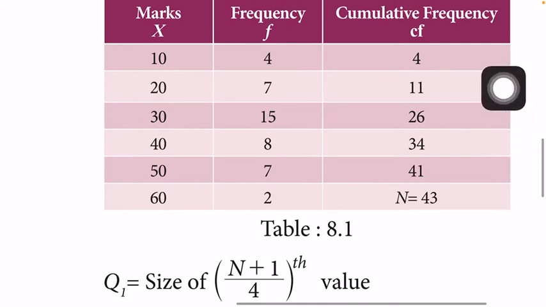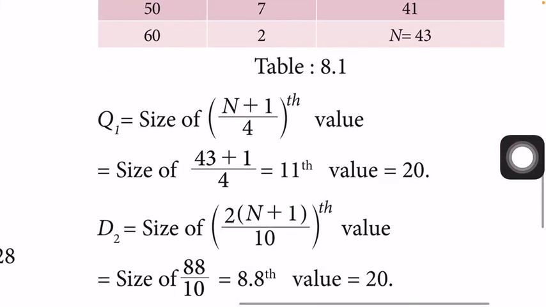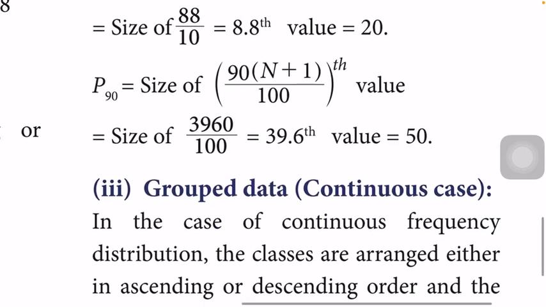While checking the cumulative frequency, the nearest number to 40 is 41, and the marks assigned for it is 50. So, P90 is equal to 50, since 39.6, that is 40, corresponds to 50.